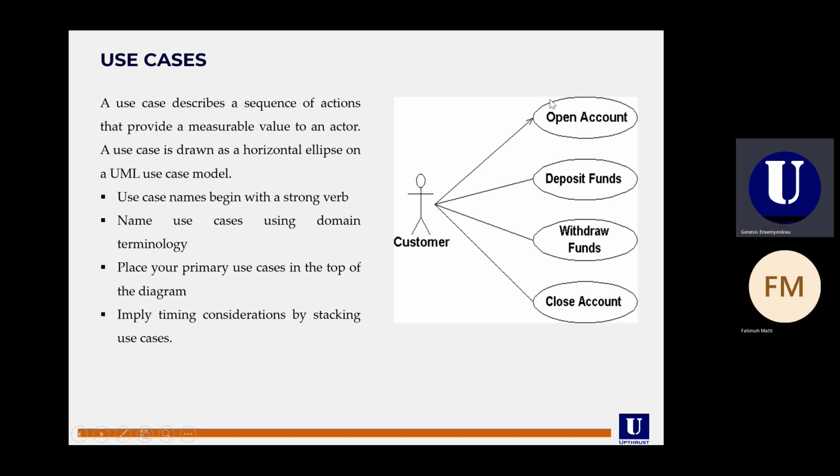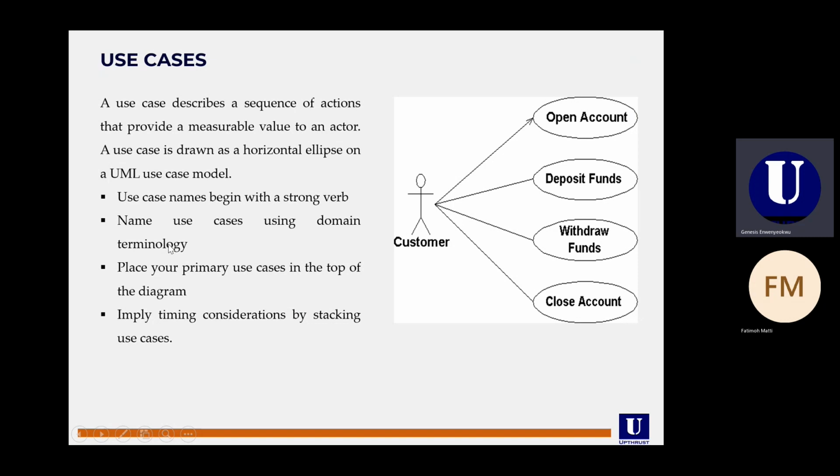So whenever you are naming your use cases, they must start with a strong verb. Open, deposit. Instead of saying account opening, fund deposit, fund withdrawal, account closure. No, you have to start with a verb and then end with a noun.